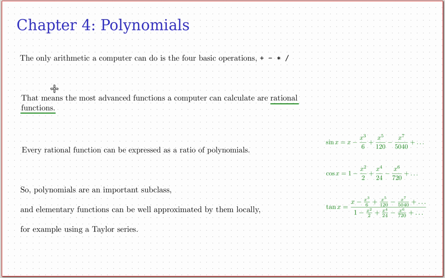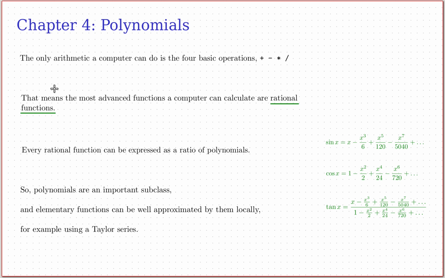If you're restricted to those operations and you start off with rational numbers, you're just going to get more rational numbers. And of course, the only numbers the computer can represent are terminating decimals in binary notation, so they're rational numbers.